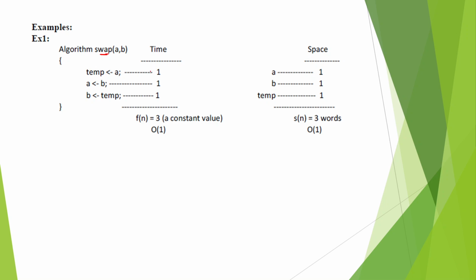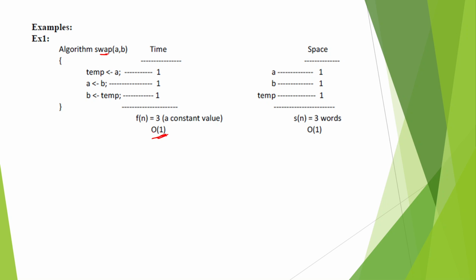Step 1 consumes 1 unit of time, step 2 also consumes 1 unit of time, step 3 also consumes 1 unit of time. So our time function is 3 units, and it is a constant, so the order of complexity will be 1.